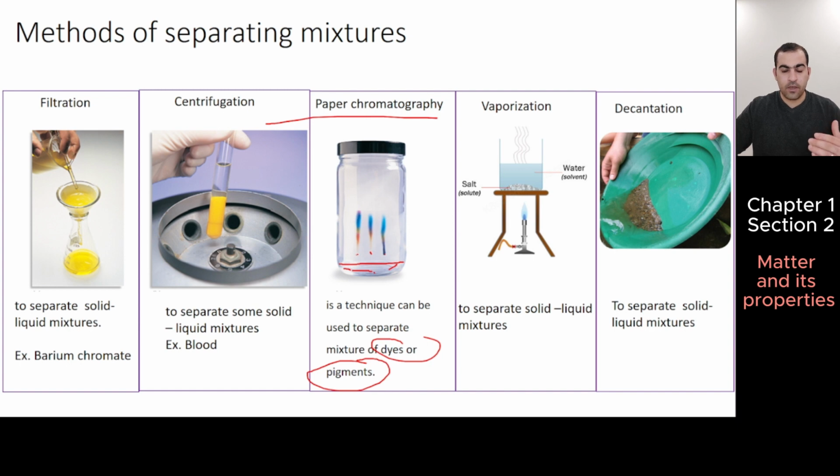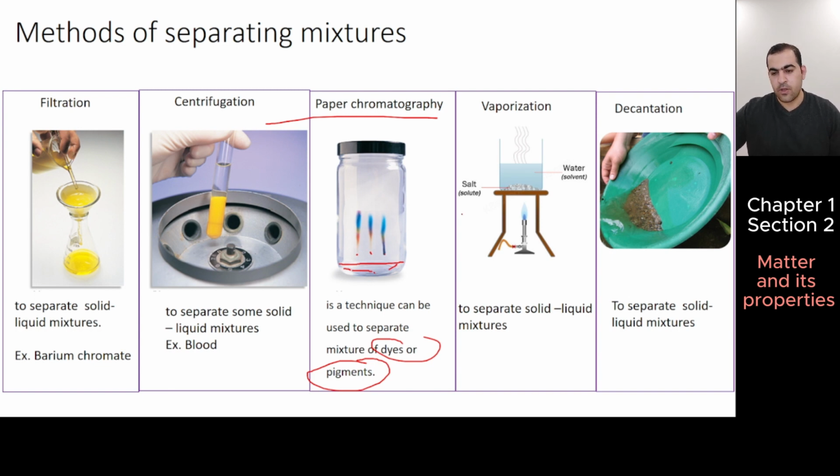They're made of different colors, so we're going to separate them into different colors. Those that react faster with water are going to travel faster. Then we can separate the pigments into different colors.